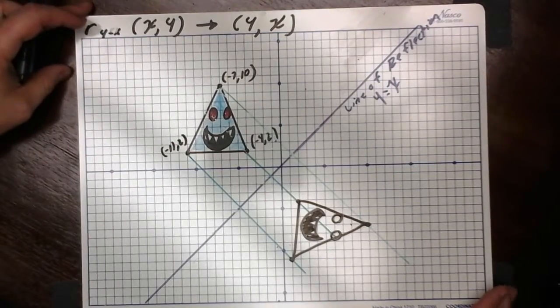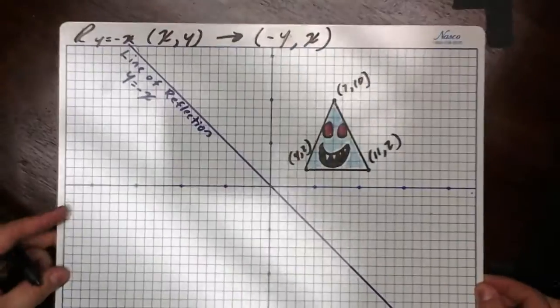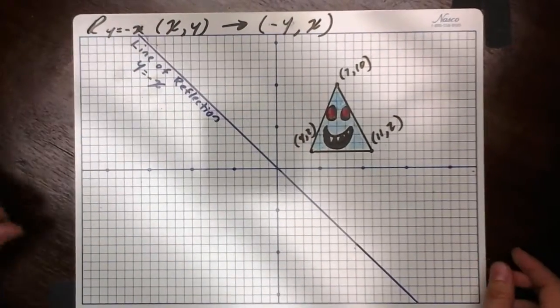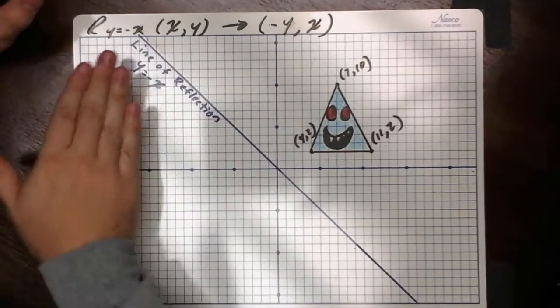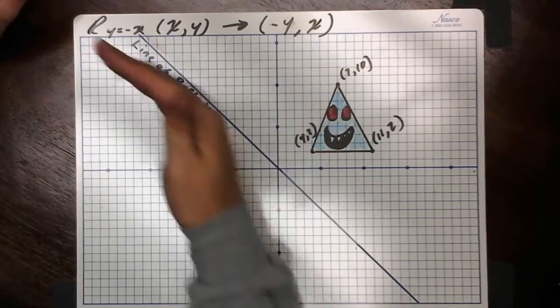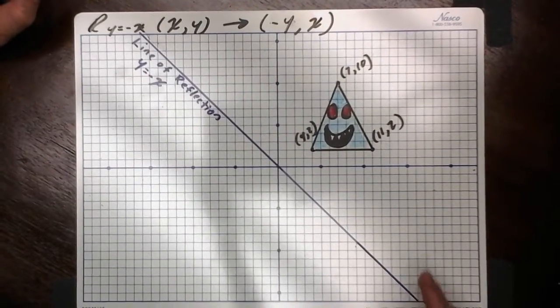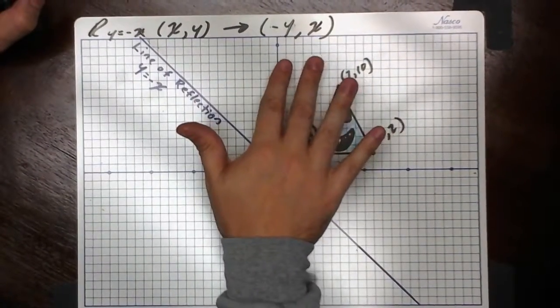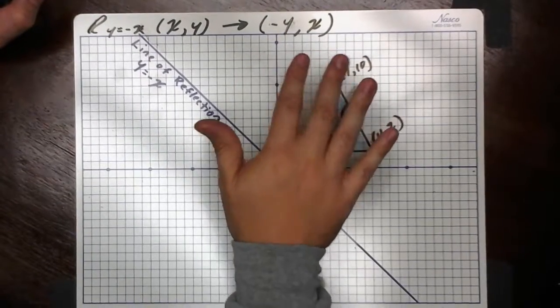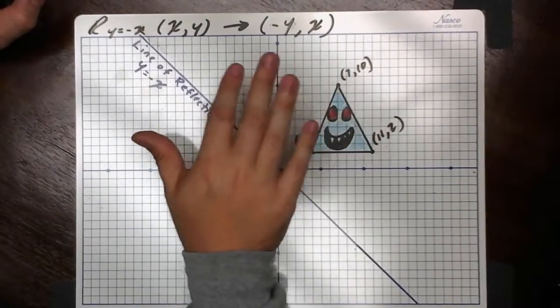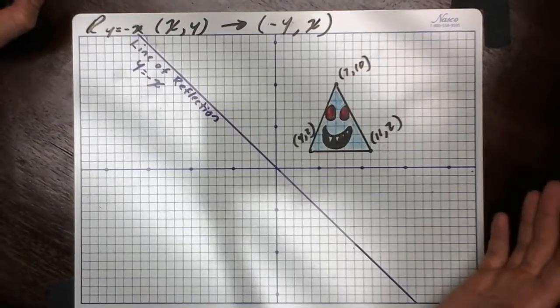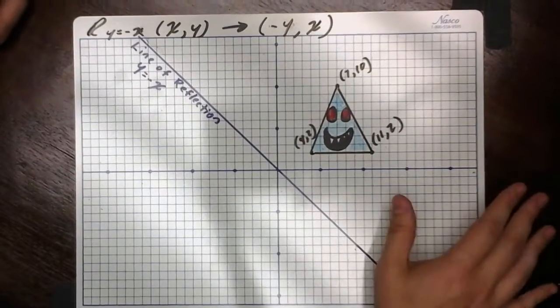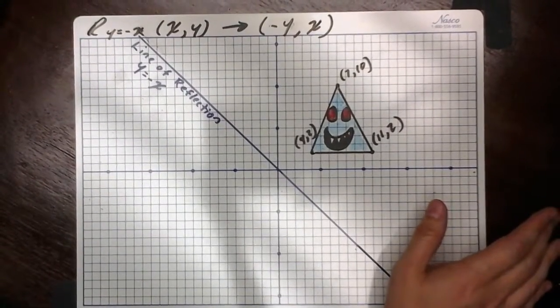All right, let's take a look at another one. So this one here is y equals negative x. Notice the downward slope. The rule for that is x and y flip, and y becomes negative. Another rule to memorize, and if that works for you, then that's what you need to do.